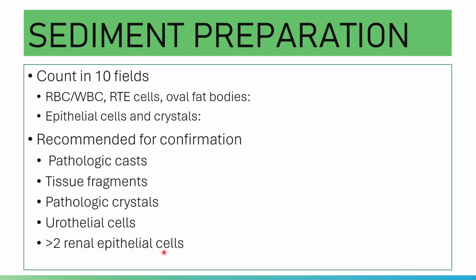Your pathologic casts like waxy, fine granular, WBC, and bacterial casts should be confirmed. And then you have tissue fragments, urothelial cells, as well as pathologic crystals. Those items, if seen in the urine, are recommended for confirmation accordingly.